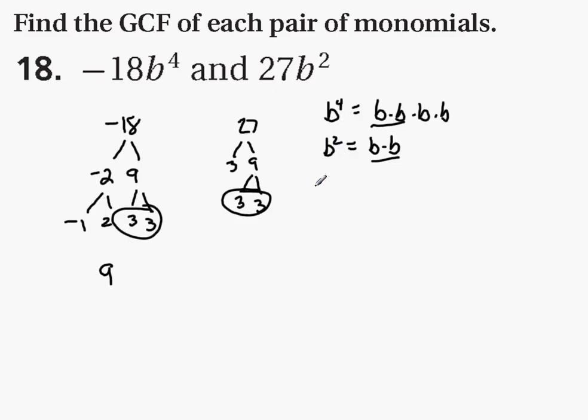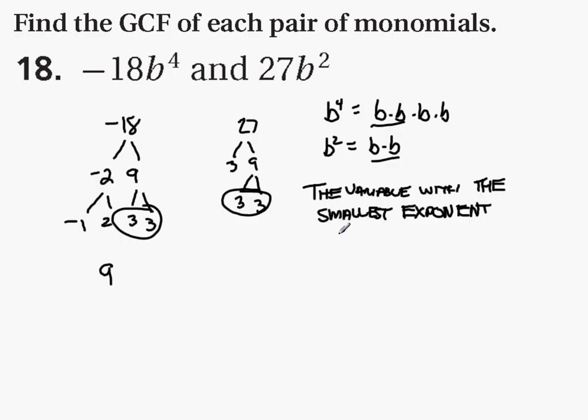And that's a rule. The variable with the smallest exponent. Now this is, of course, comparing b's to b's, or x's to x's, or y's to y's.